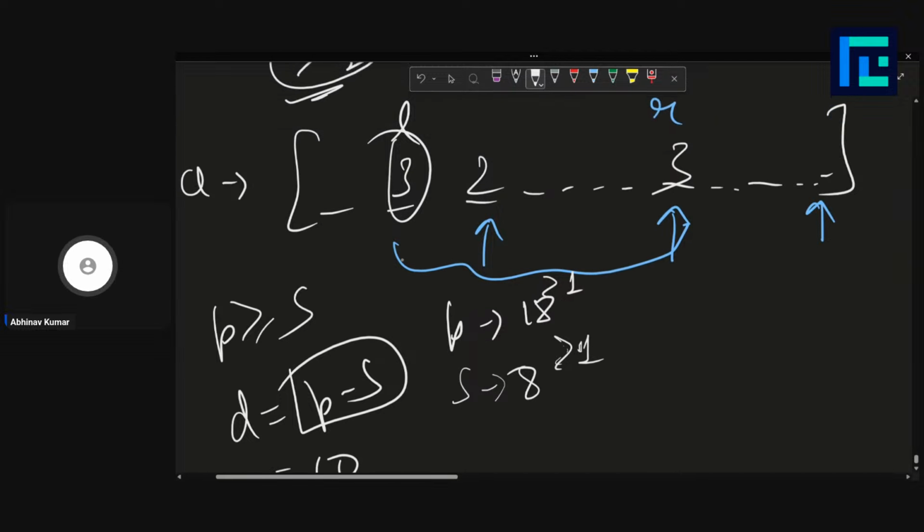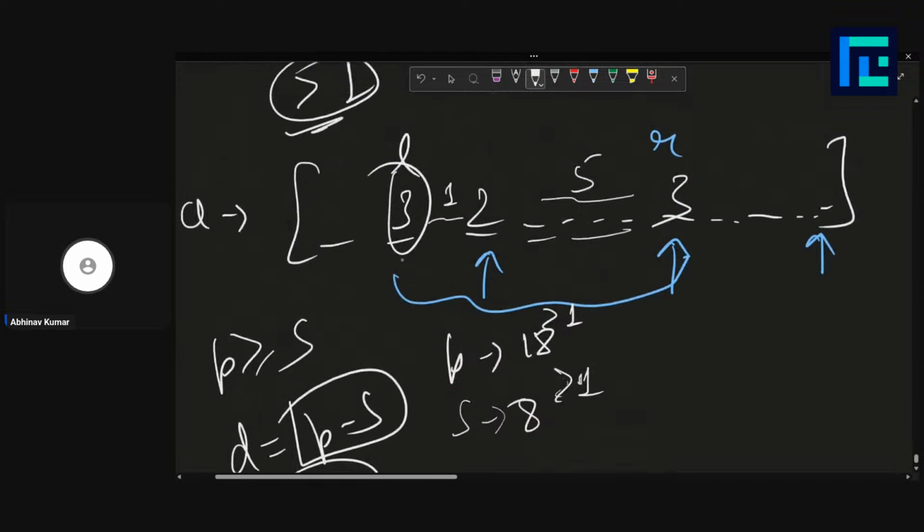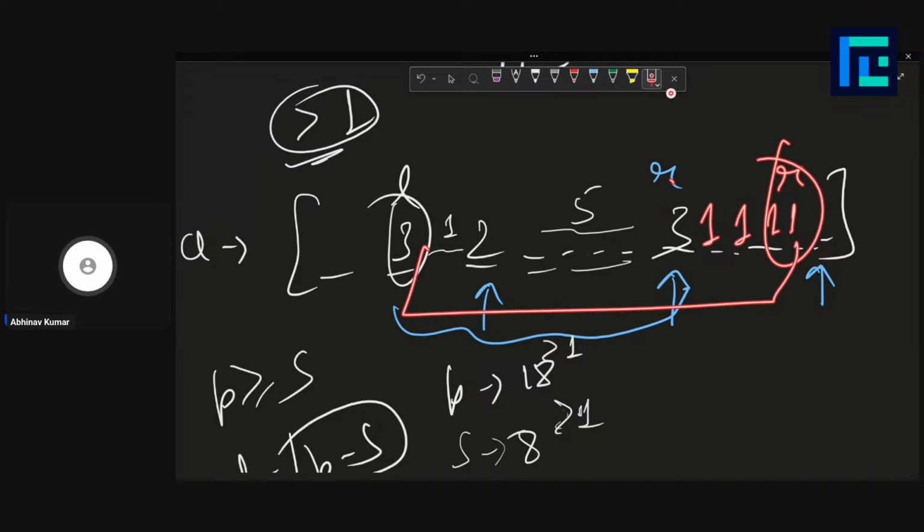Okay, let's say in between I have some 5 ones here and 1 here, so 6 ones I already have, but you need 10 number of ones. So 10 minus 6, 4 more ones are required. So I'll try to extend this R ahead 4 steps. If the next 4 steps there are all ones in the next 4 steps, then I can extend this R 4 steps ahead, and I can say that this range gives me P equal to S.